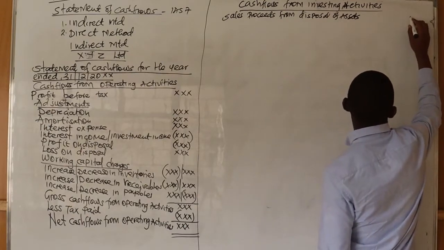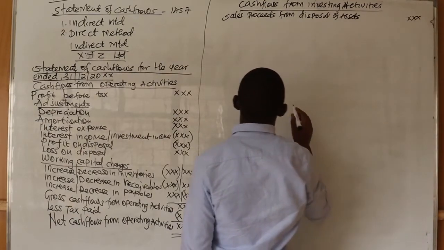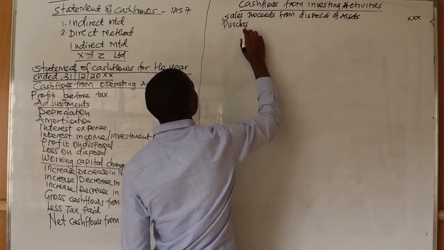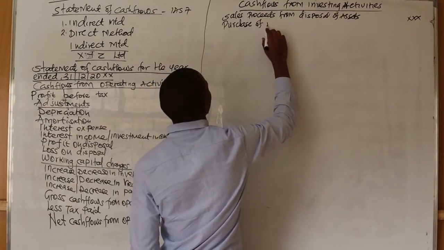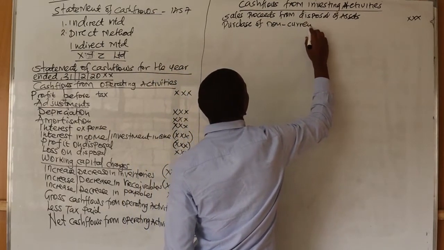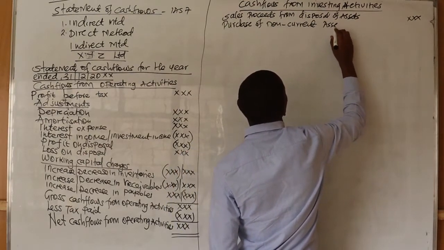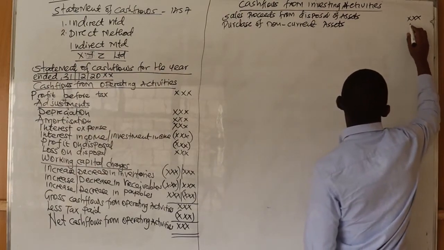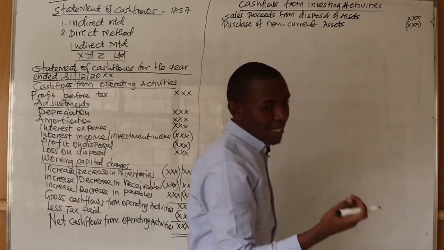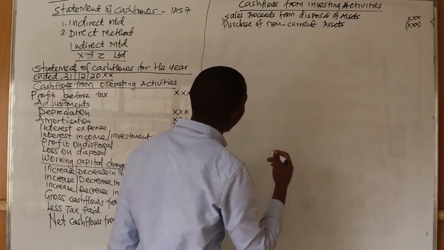In that case, you will have the value there. Then again, if there is also a purchase of non-current assets, the cash proceeds from that purchase, in this case also, you will be able to less, because once you purchase an item, remember it's a cash outflow because you are paying.